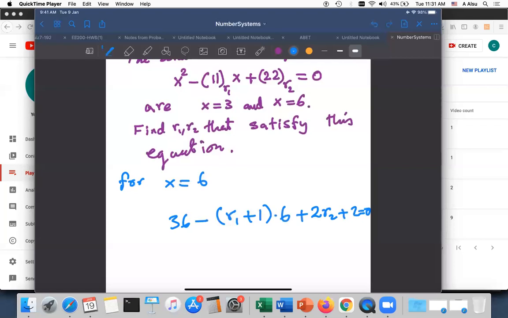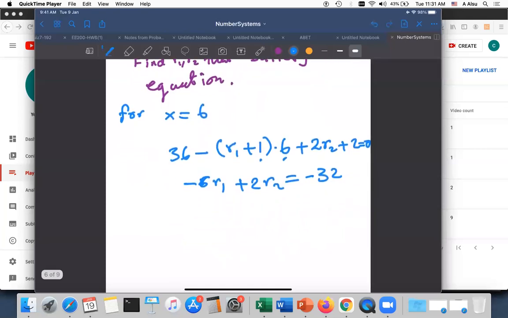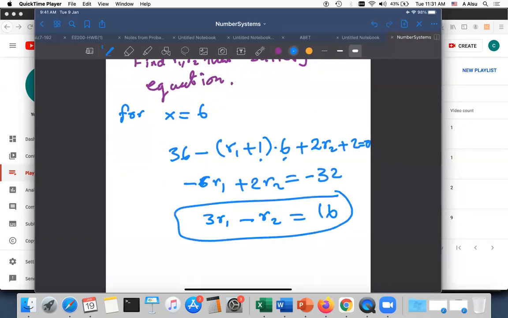So we have minus 6 and plus 2, so minus 4. We have 32 on the other side, minus 32. So it's minus 6 R1 plus 2 R2, or if you multiply by minus 1 and divide by 2, you get 3R1 minus R2 is equal to 16. This is your first equation. You find the other equation and then solve two equations, two unknowns.